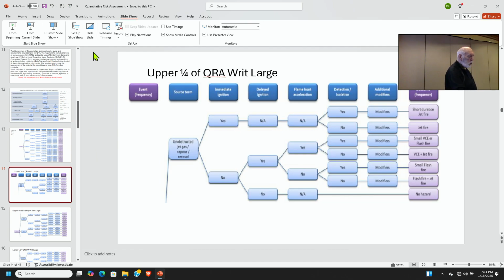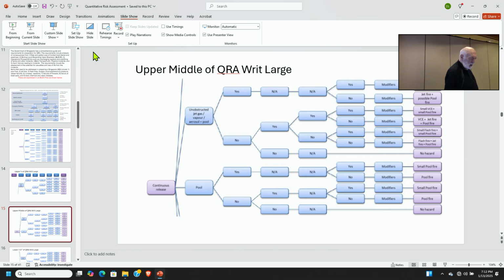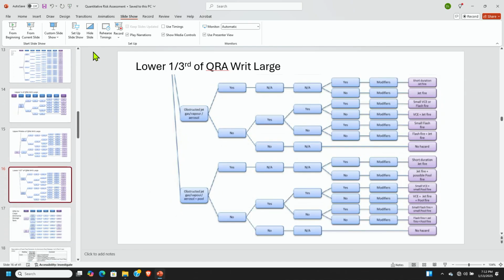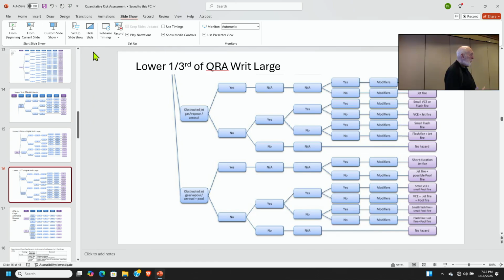Now this is a quarter of the QRA. Same columns, and the lower portion. The point is, it's comprehensive.